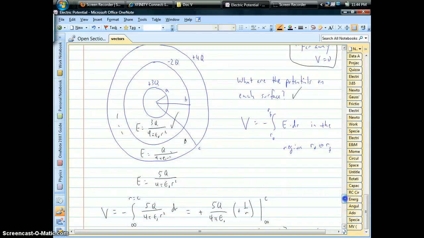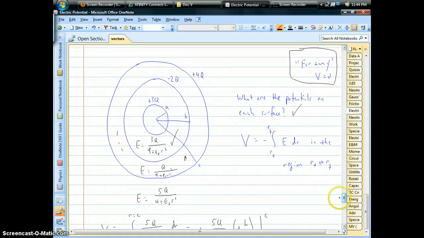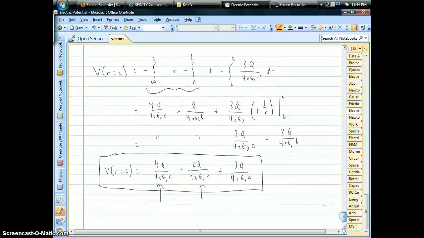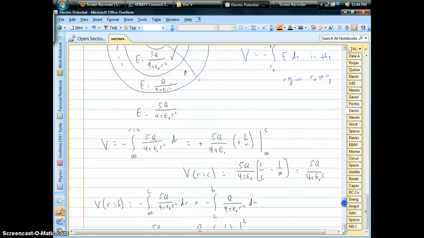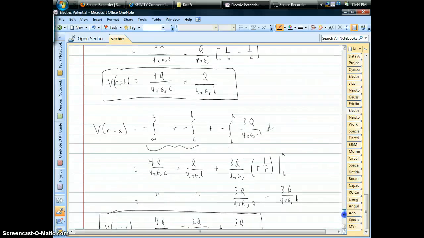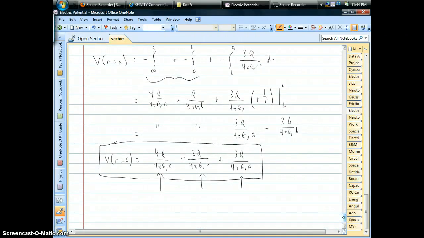That's that middle ball. That's the voltage if that was the only thing in the picture. Negative 2q is the charge, b is the radius. And our last term, that would be the voltage you'd have if that small inner shell is all you had. Plus 3q over a. So voltages add, they're scalars. This is what we end up with.